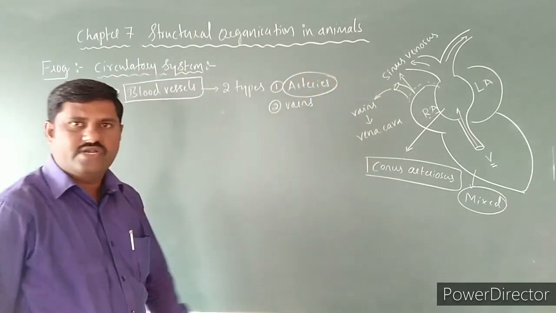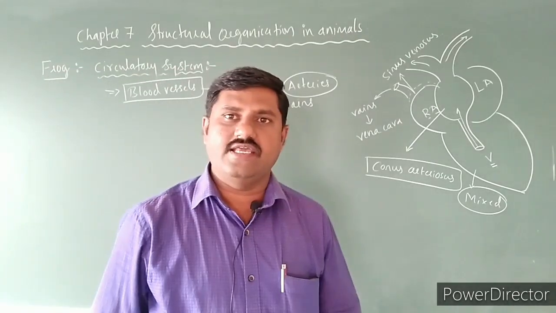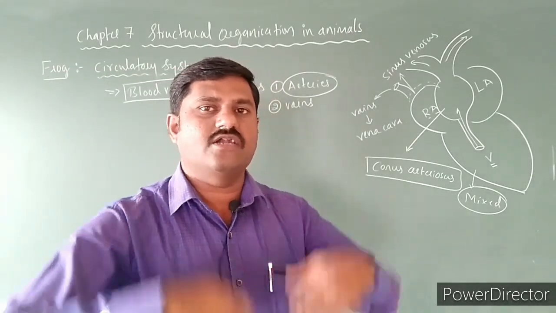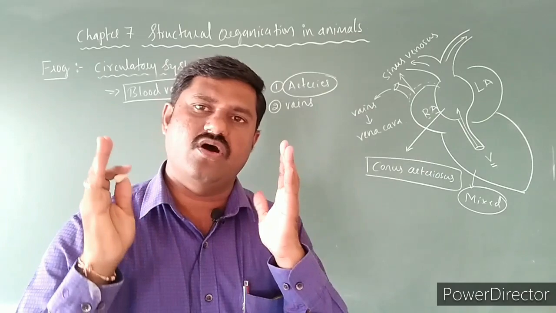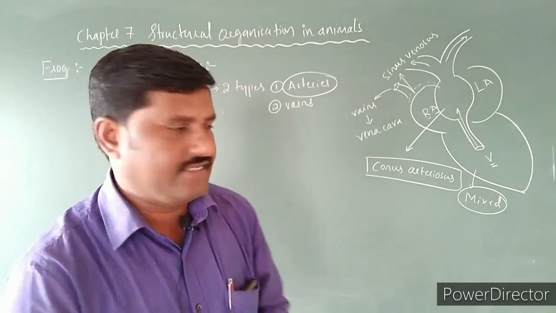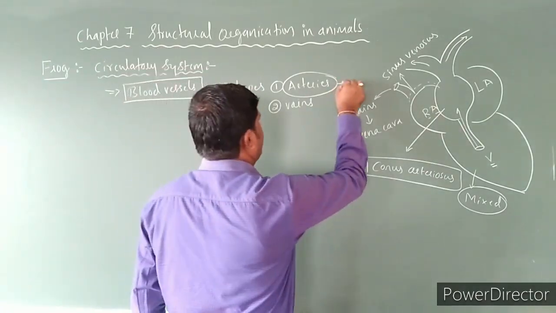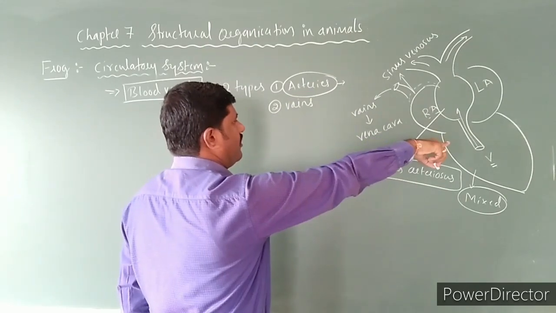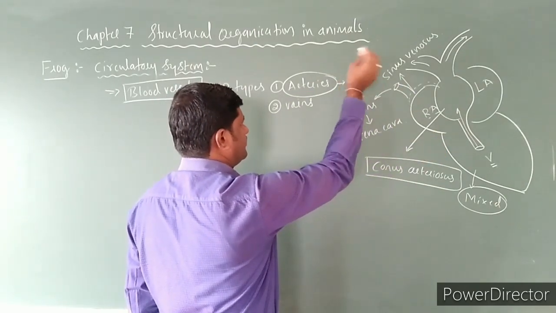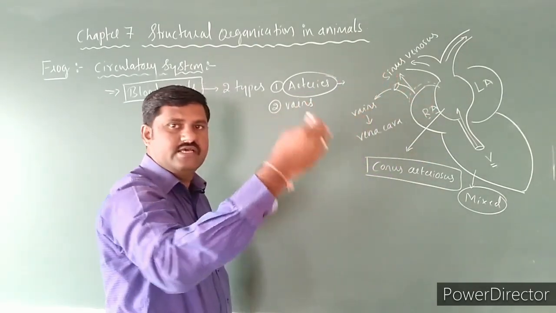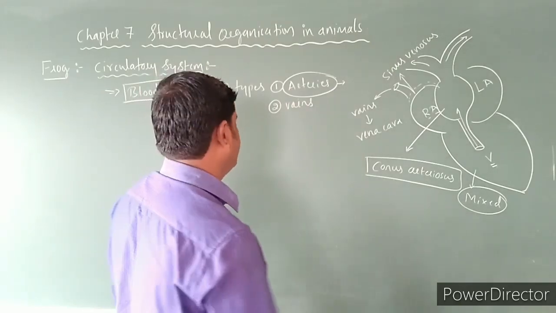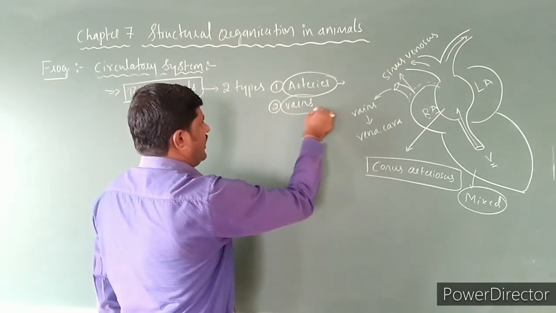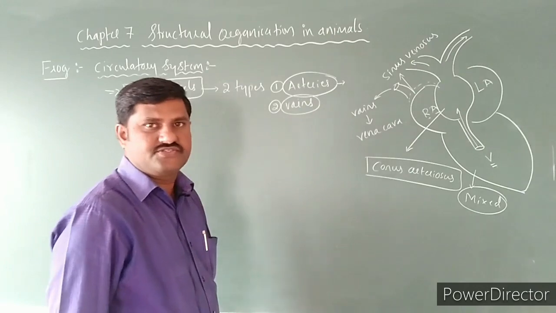Arteries carry the blood from the heart to different parts of the body, maybe the lungs or different tissues also. And the second one is veins.